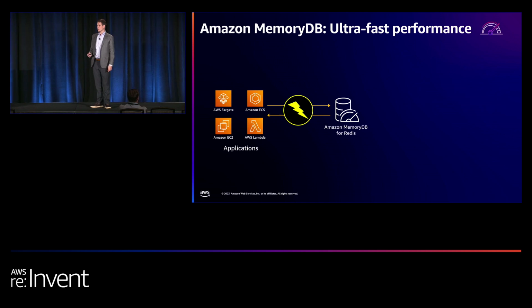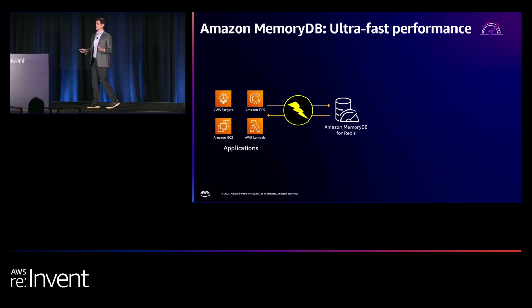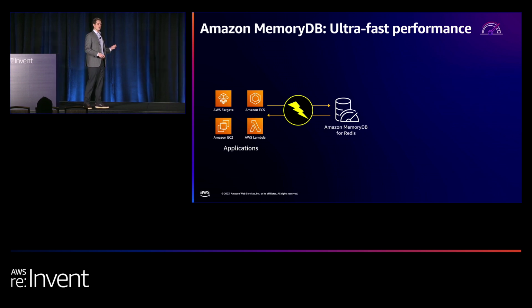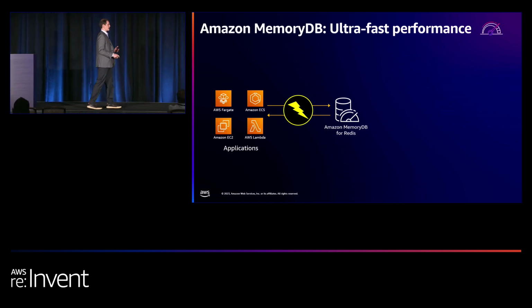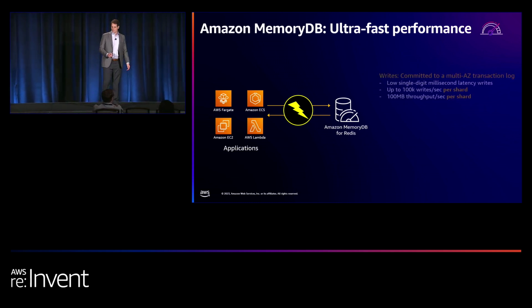So let's take a look at MemoryDB's performance characteristics. MemoryDB has a clustered architecture where you can scale out, partition your data across entities that we call shards. Each shard has a primary node that accepts writes, and it can have multiple read replicas. And like I mentioned, writes are committed to a multi-AZ transaction log.